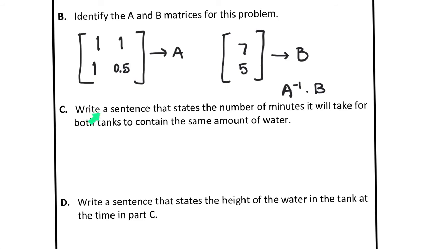But the first question is, write a sentence that states the number of minutes it will take for both tanks to contain the same amount of water. So the answers that I get from the matrix, or from the calculator, is that H is equal to 3 inches and M is equal to 4 minutes.